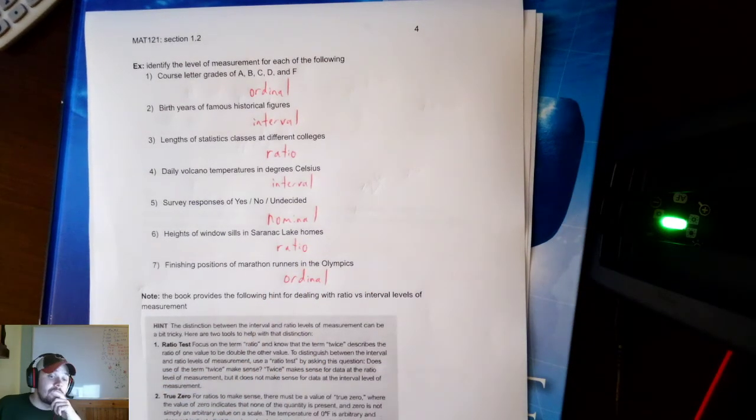Now notice how with each of those, I talked my way through them. I reasoned them. I walked through the definitions and made sure I was in the right ballpark before I put my answers down. You should be doing the same when you're working with the definitions. Make sure you're thinking about them clearly and walking through the steps of the definition to make sure you are classifying the data correctly.